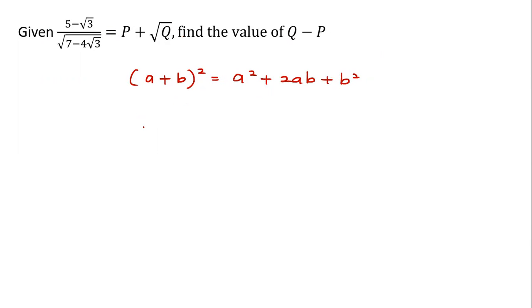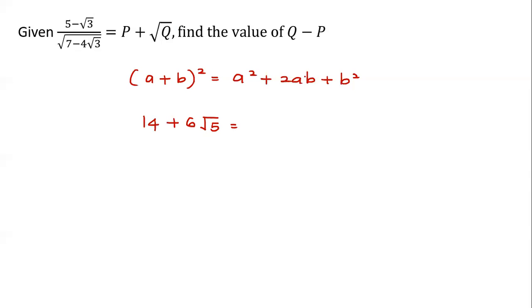Let's say I have 14 plus 6 square root of 5. Just a simple example. I want to change this into a perfect square number. Let us try and see. To see the a and b, you have to factorize with the 2.